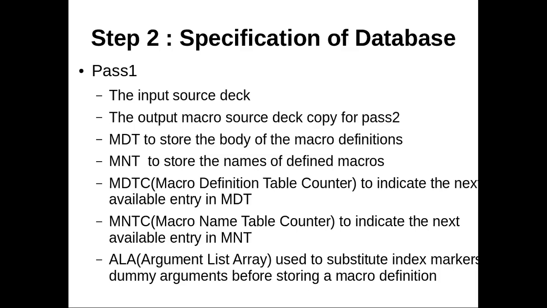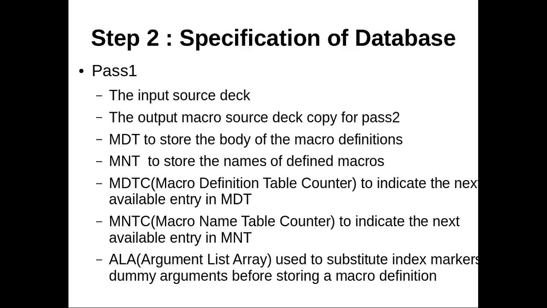The last one, which is very important, is the argument list array. The argument list array is used to substitute the dummy arguments with the real arguments. When we define the macro, we use dummy arguments, but when we call the macro, we pass the real arguments. So in pass 1, the argument list array will store the dummy arguments of the macro definition in terms of index markers.